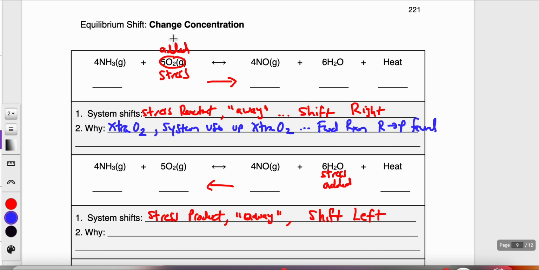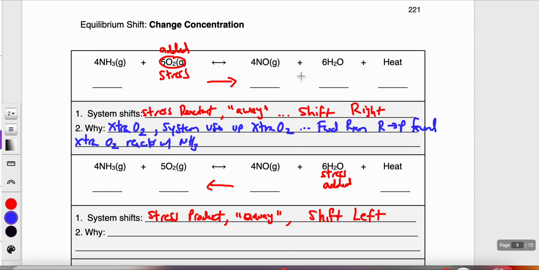So the extra O2 reacts with NH3. I know that because NH3 is also on the reactant side. The elements within these substances don't disappear.